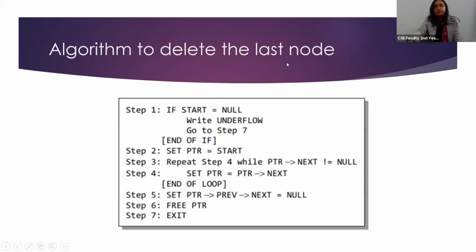Let's check. Same way, if start equal to null, write underflow, go to step 7, exit. Set pointer equal to start and keep moving the pointer till it reaches the last node. Then set pointer equal to pointer next. After it reaches the last node, what will you do? Set pointer previous next equal to null, which I said.